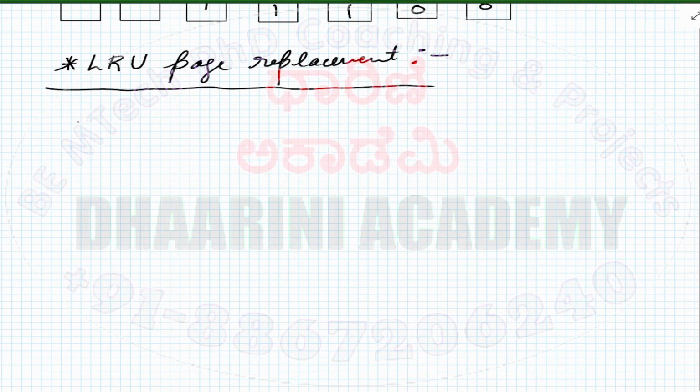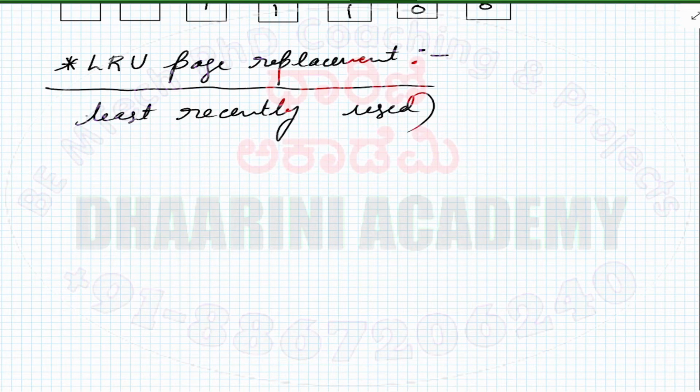LRU stands for least recently used. Okay, fine. Now how does this work? This LRU always tries to associate with each page the time that the page was last used. So you are going to mark each page with the time when the page was used for the last time.